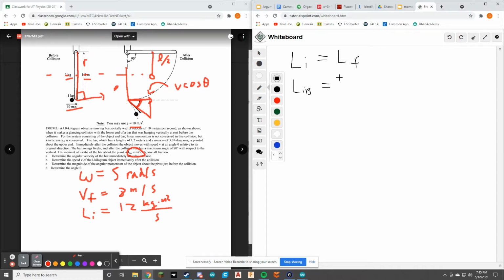Final will be the final angular momentum of the ball, which will be m v final cosine theta, because that's our perpendicular velocity, times r. Also, the angular momentum of the rod right after the collision, which will be I omega.